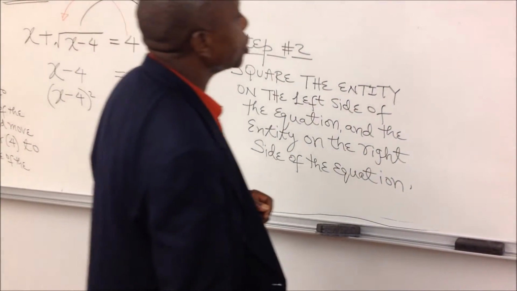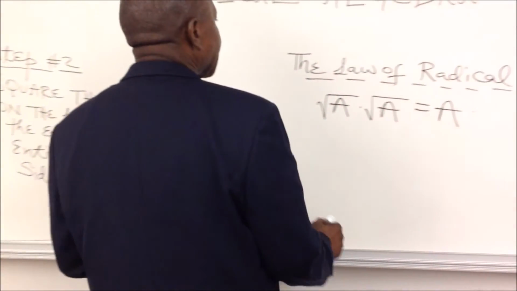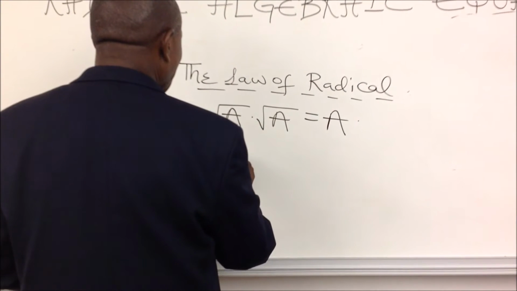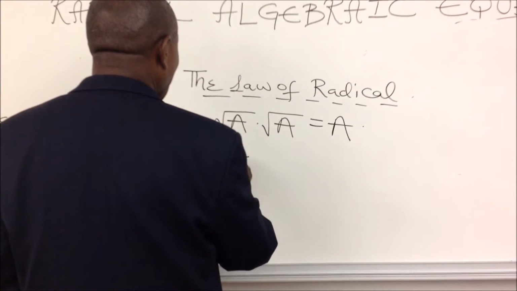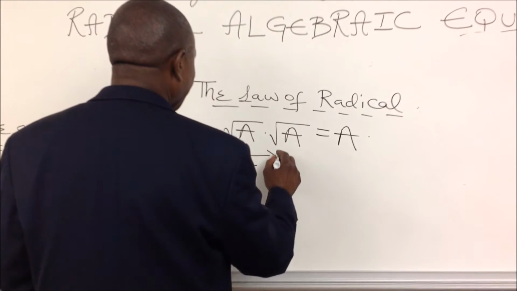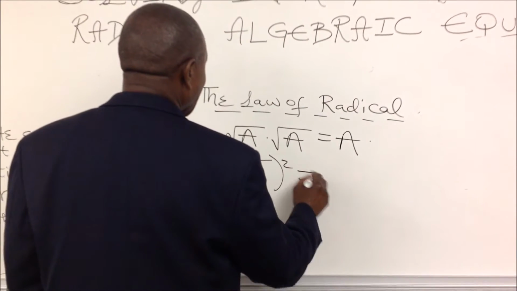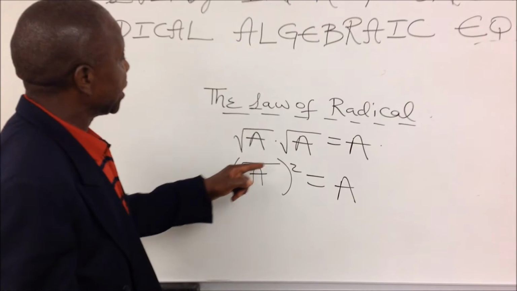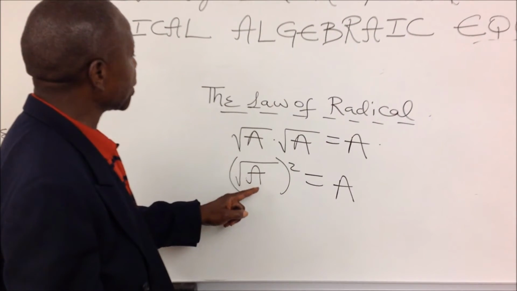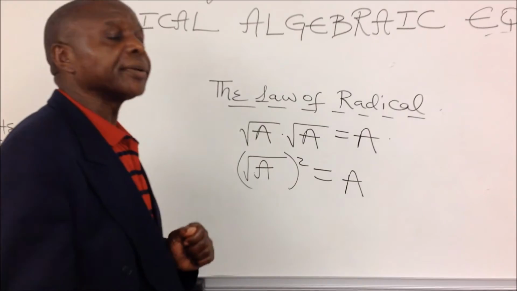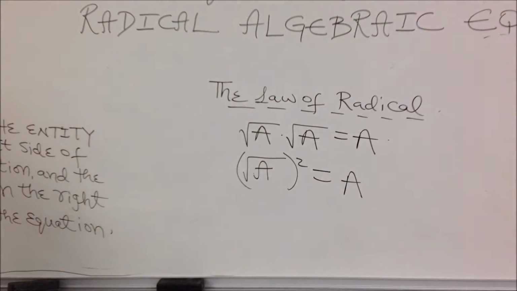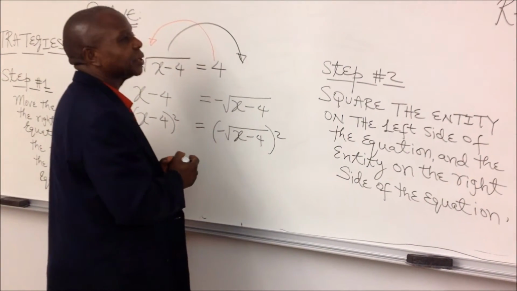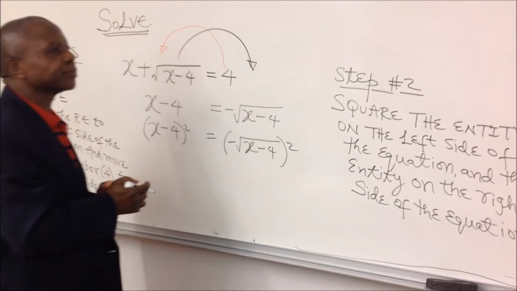And also notice that if you also have the square root of a squared, this is the same thing, of course, as a. Okay? So in other words, this here is the same thing as this, and you still get a. So let's use this result in simplifying the expression on the right side of this equation.